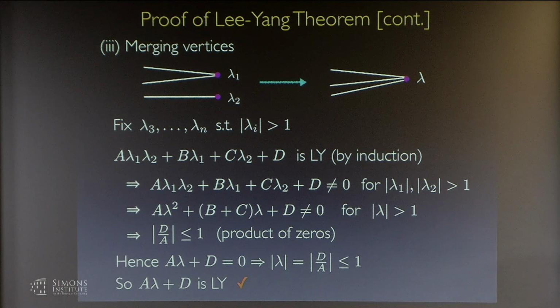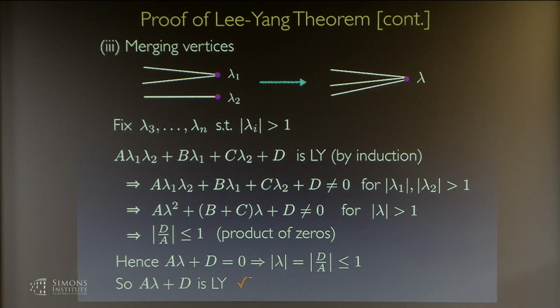Therefore, this is just a quadratic polynomial, so the product of its zeros is d over a. Since its zeros must be less than or equal to 1, d over a must be less than or equal to 1.